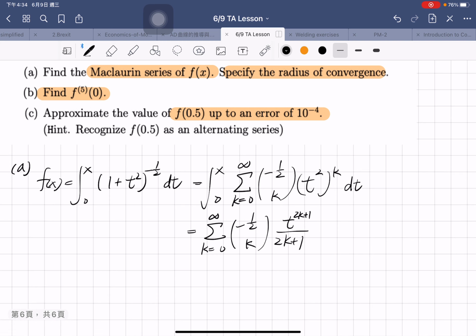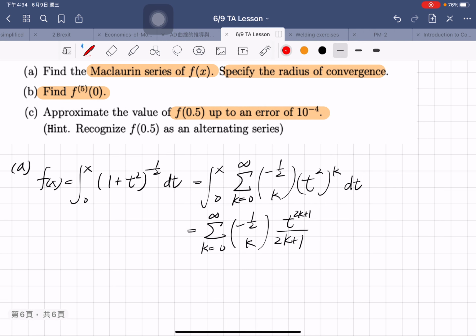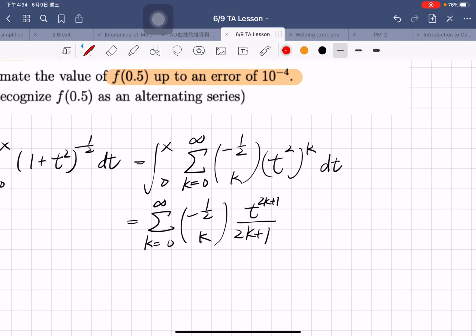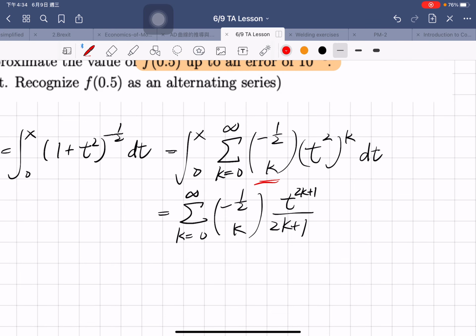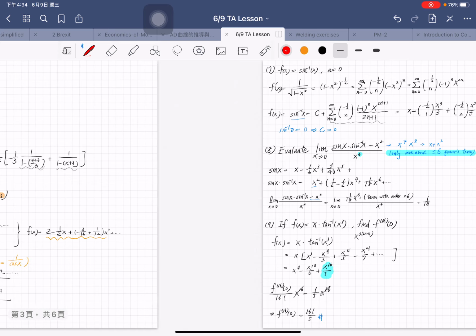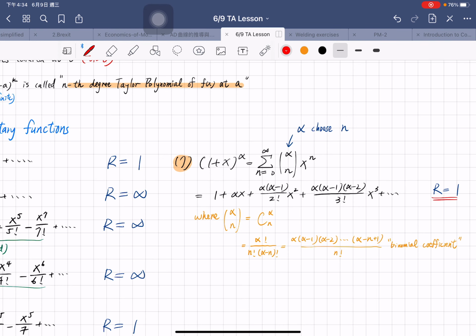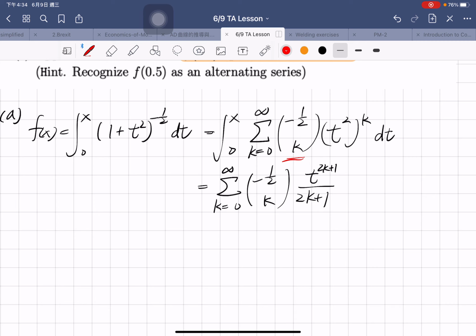And the second part is to find the radius of convergence, right? So we know that for the binomial term, R is equal to 1. So this R will also equal 1.